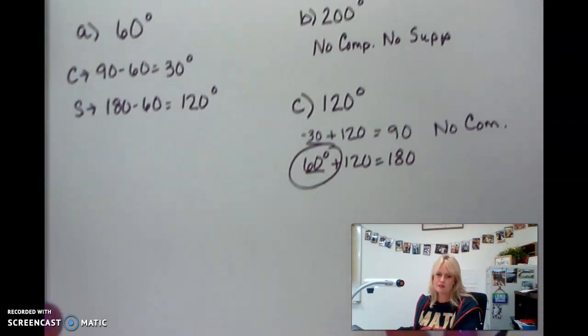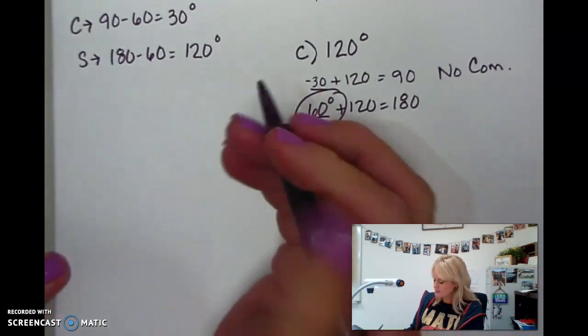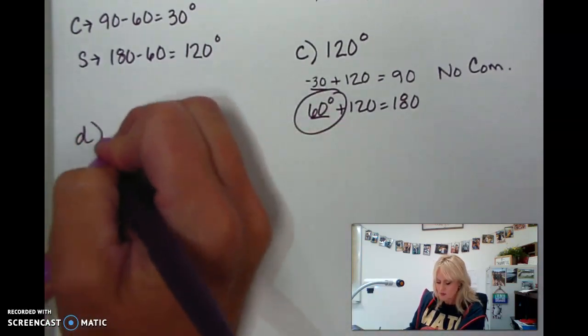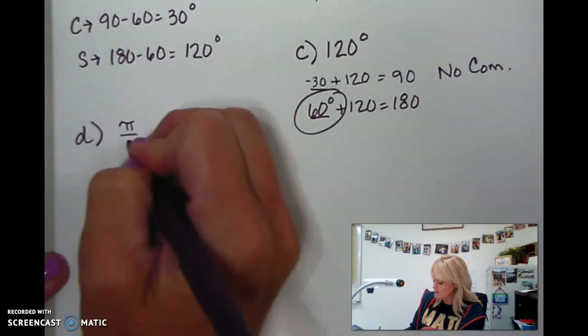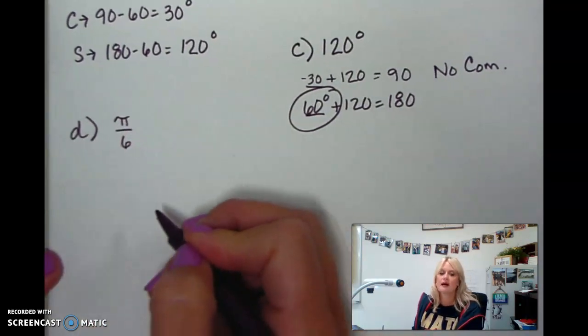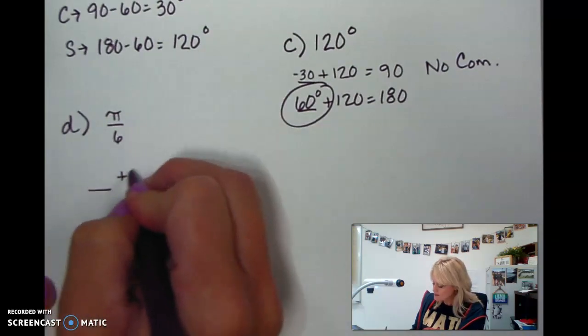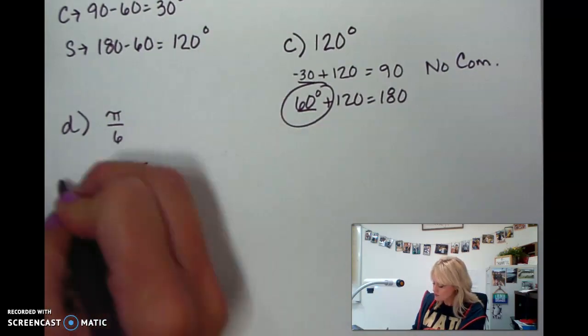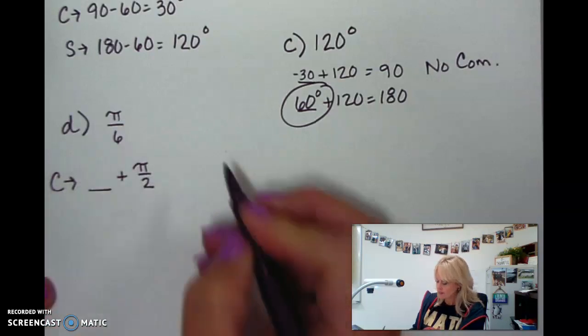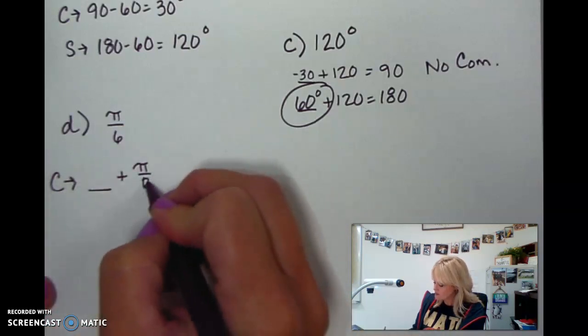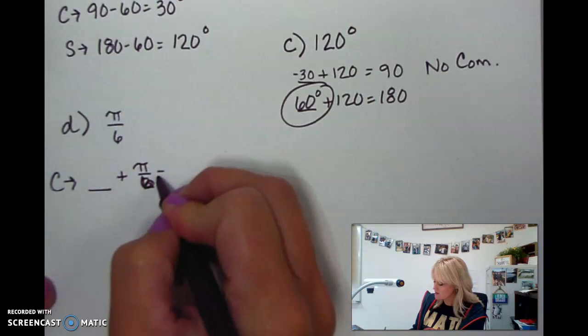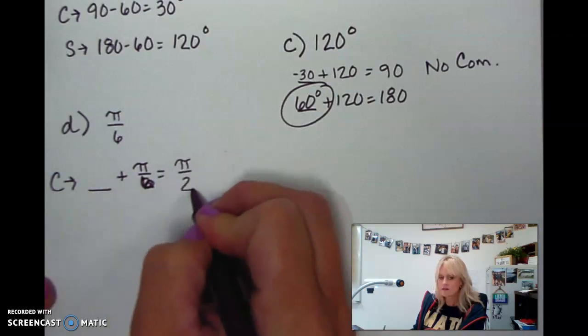That should make sense with degrees, but what does it look like with radians? Well, if I asked you to find the complementary and supplementary angle to pi over 6, so basically what plus pi over 6 for our complementary angle is going to give us half a pi.